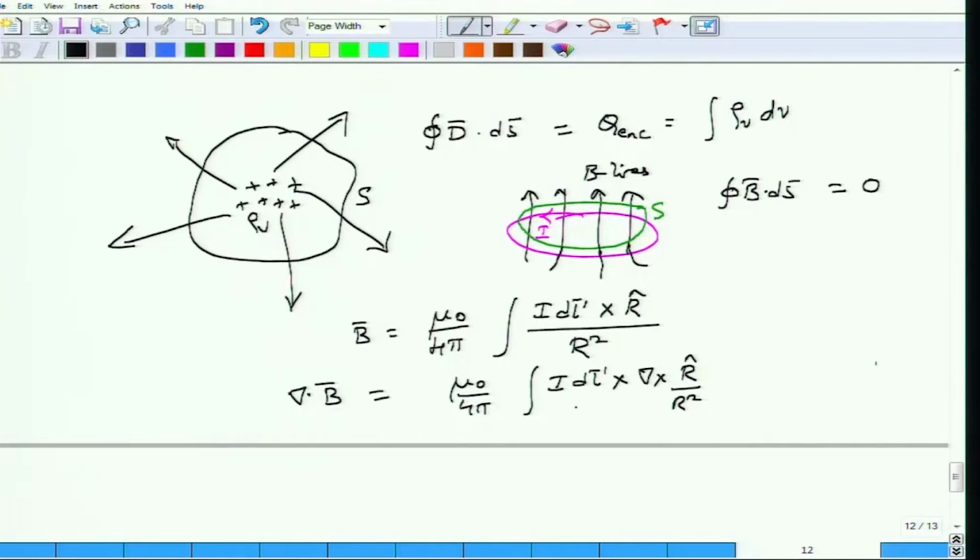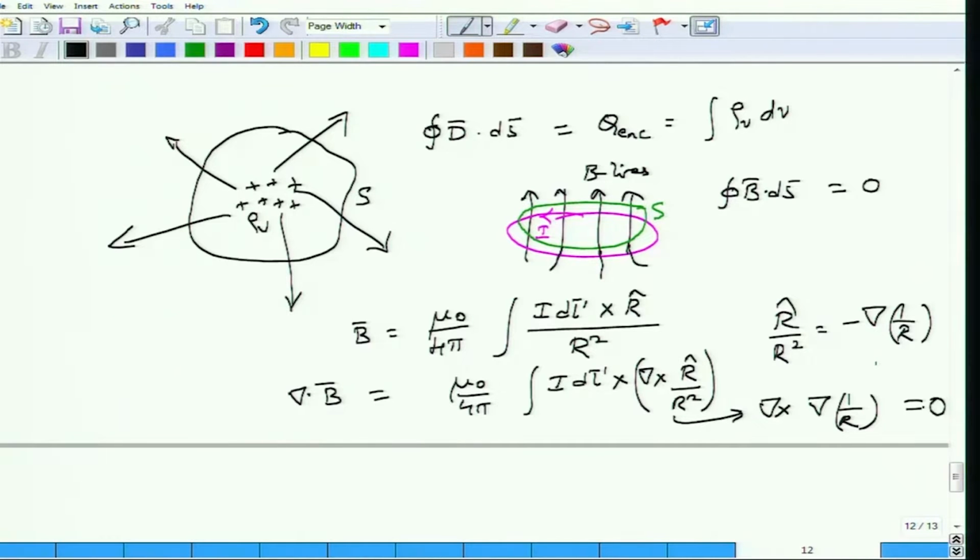There is a cross here, and this quantity r hat by r square we have already seen to be minus gradient of 1 by r. So this becomes curl of gradient of 1 by r. There is a minus sign that is not important for us, and we know from vector calculus that curl of gradient is equal to 0.